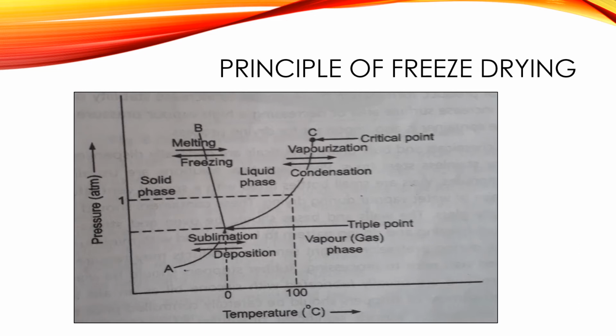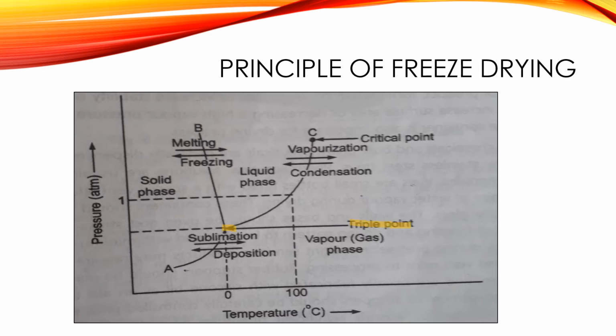Now the basis of this freeze drying process is the triple point of water. I told you what a triple point is. A triple point means the three phases, liquid, solid and vapor, coexist at a particular temperature and pressure. So this is the triple point.